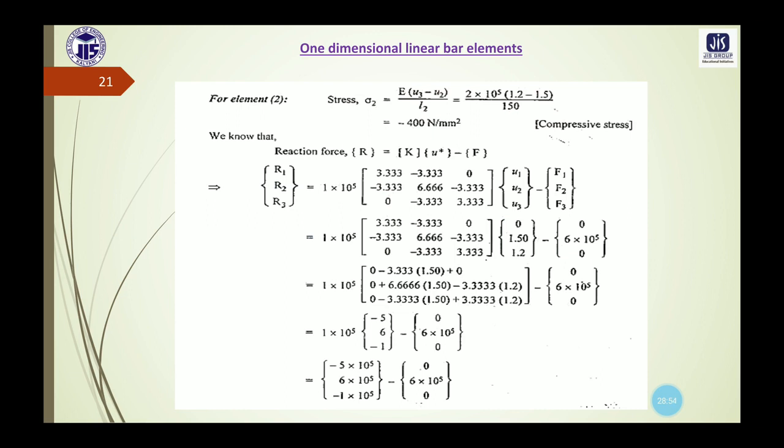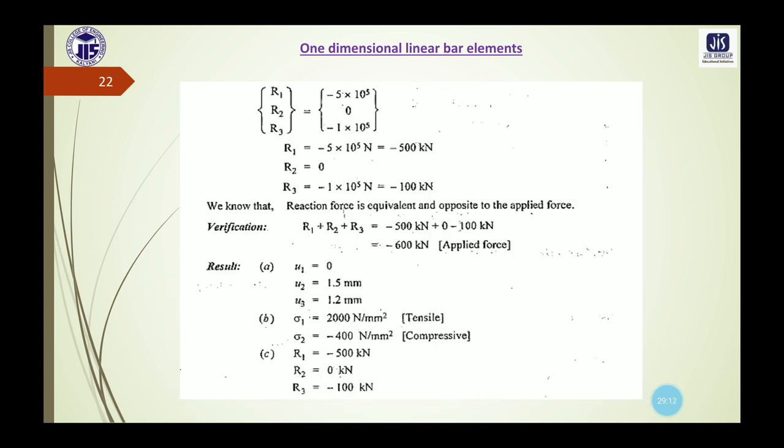We have calculated them in the first 4 parts of the numerical. So we need to put in all the values and perform matrix summation and matrix multiplication, and finally we get the values of the reaction forces: R1 is minus 500 kilonewton, R2 is 0, and R3 is minus 100 kilonewton.